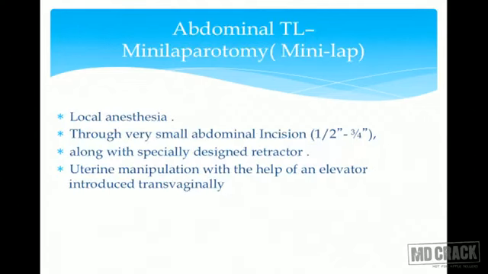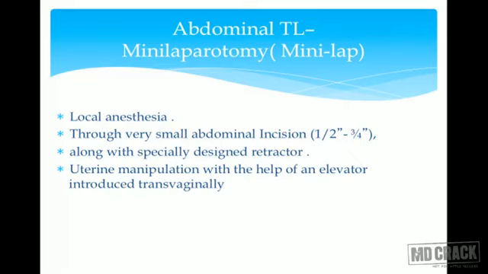Then abdominal TL done by mini laparotomy, also called Minilap. This can be done under local anesthesia. Again, a very small incision is taken, almost half an inch to 3/4 inch. Along with a specially designed retractor we can retract the abdominal wall, and we use a uterine manipulator inserted through the cervix.